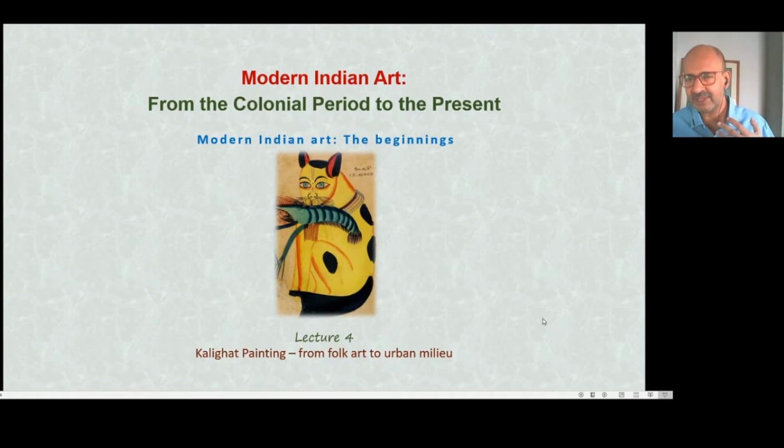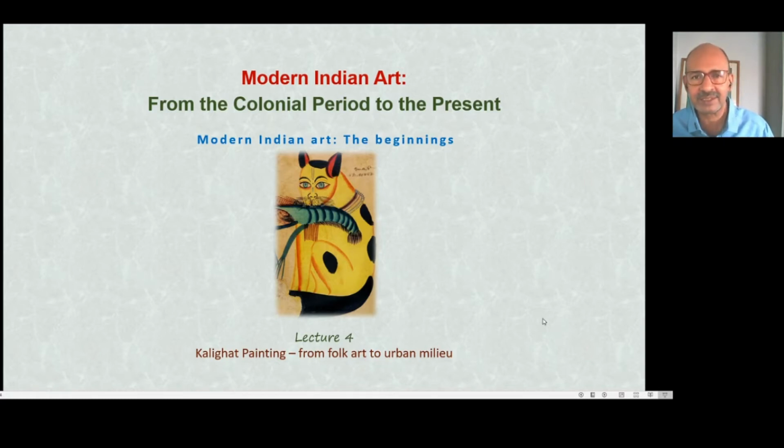Because when you look at Kalighat paintings and know its history, you would know that despite the fact that we do consider it as an art product of the new urban India, mainly Kolkata, it carried a memory of its own past, which belonged to the rural Bengal traditional folk painting.